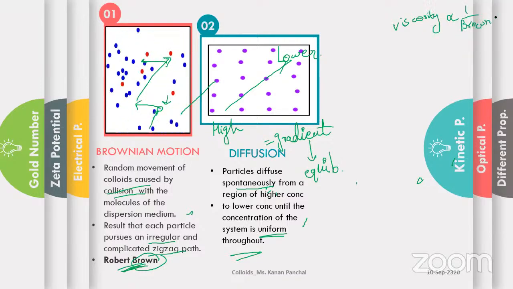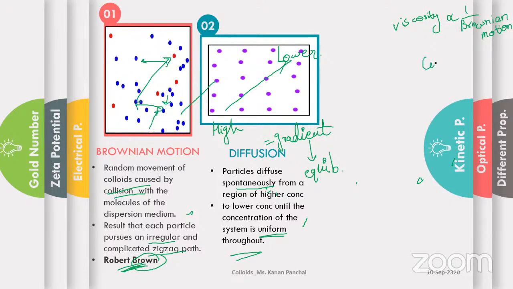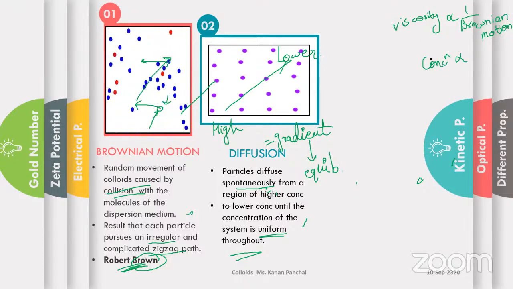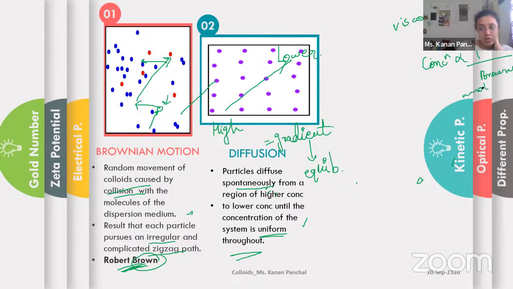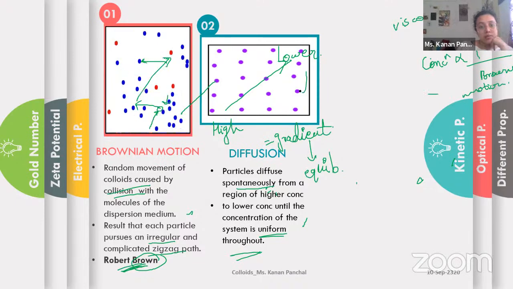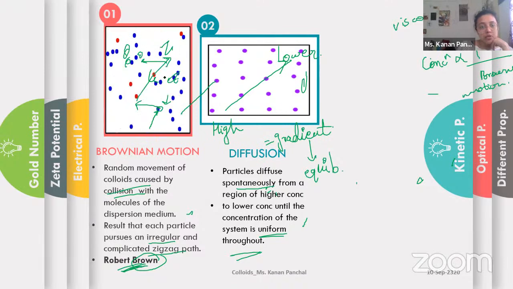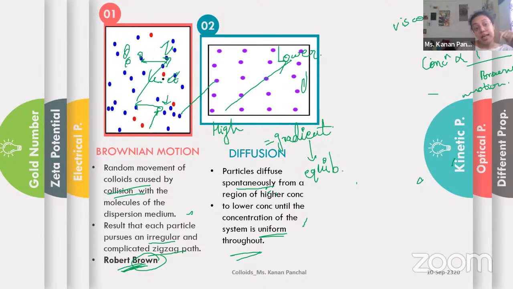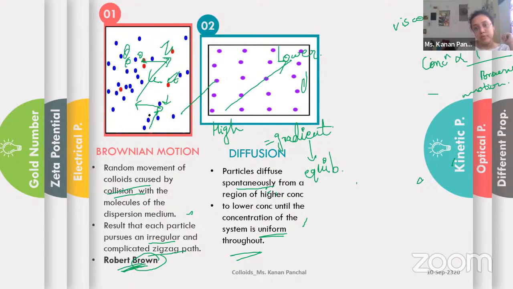What about concentration? If concentration is high, Brownian motion will be more? No, even this is inversely proportional. With more concentration there will be no space for movement. Imagine there are more particles here and more particles here. Will it have enough space to move? No. The more concentrated it is, the more the degree of Brownian motion decreases.